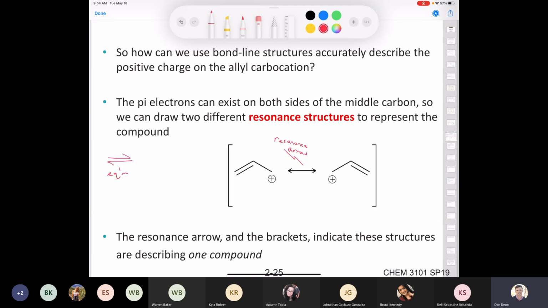This is something completely different. We're not talking about equilibrium, we're talking about resonance. And these square brackets, which we put around our resonance structures, tell us that we're dealing with one entity, which is described by both of these resonance structures. Both of these structures are describing one compound, or one allyl carbocation.